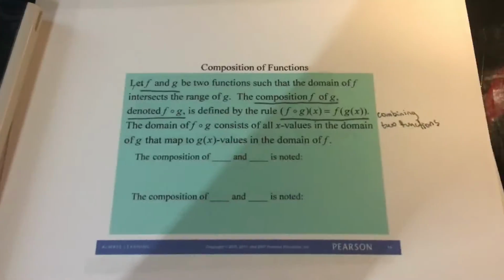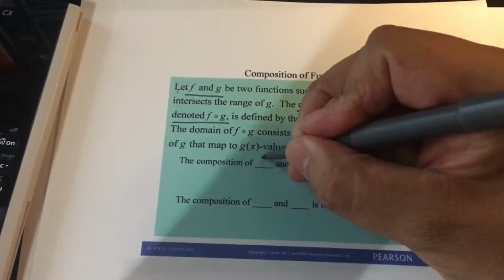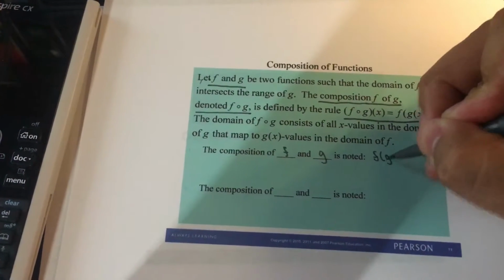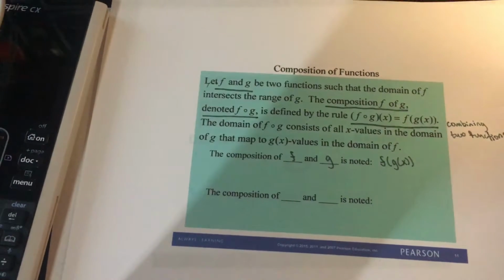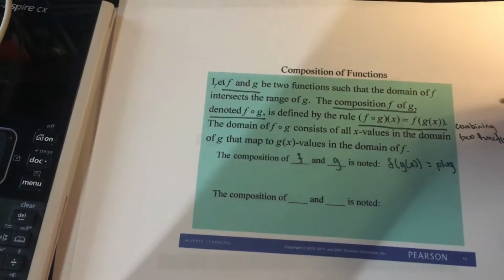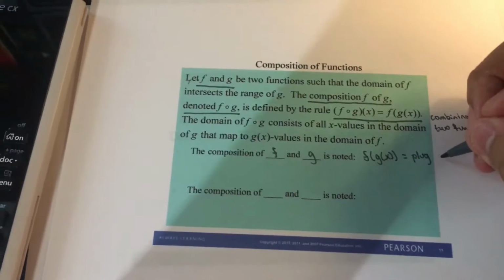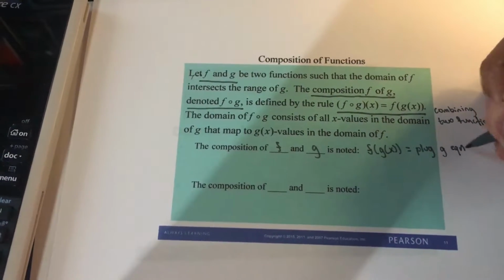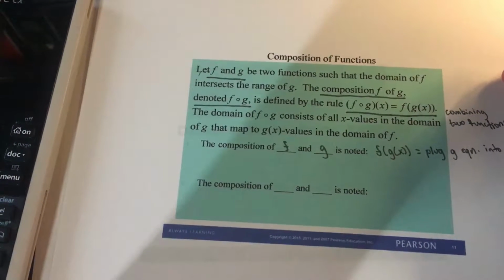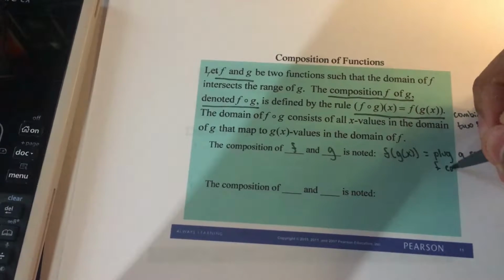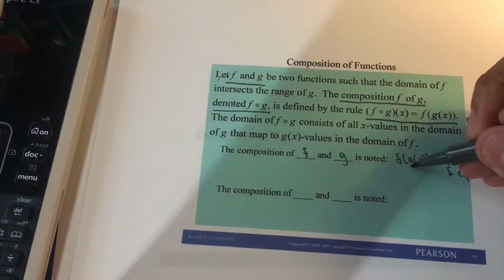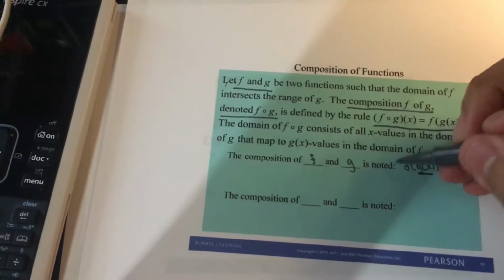The composition of F and G is denoted F of G of X. What this means is you plug the G equation into the F equation. Whatever's on the inside, you plug into the other.